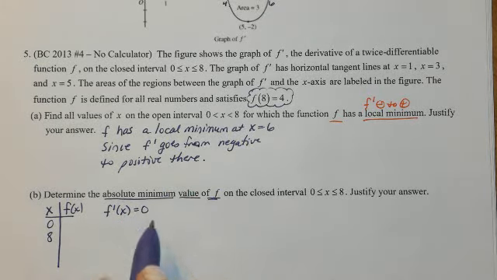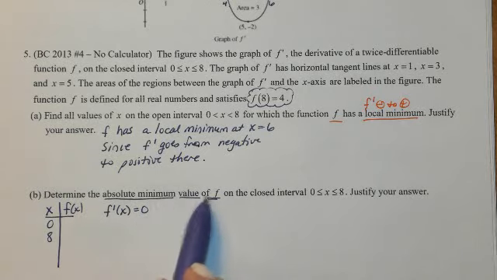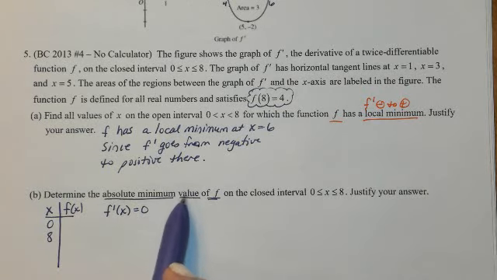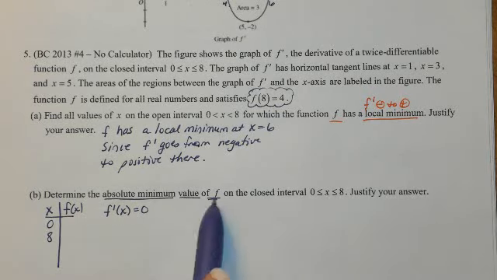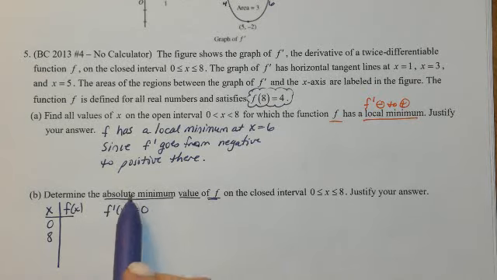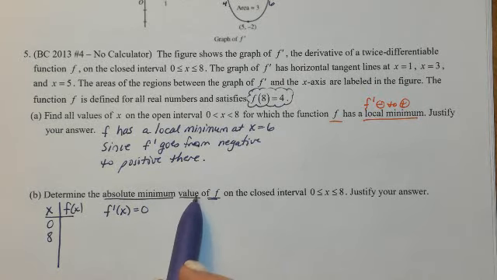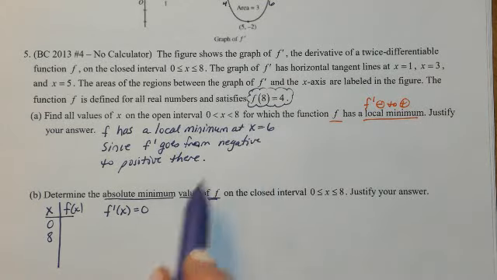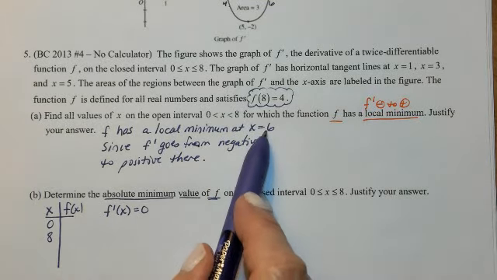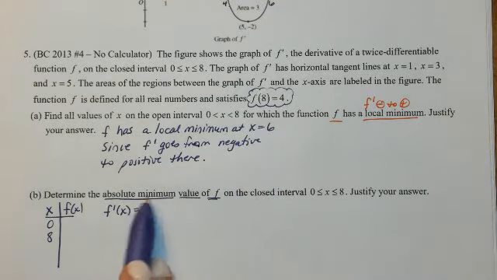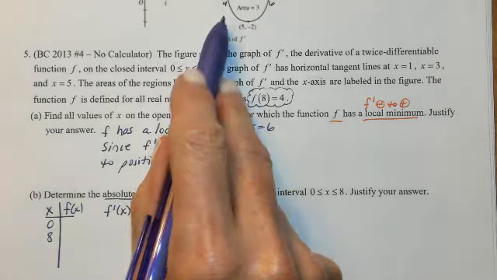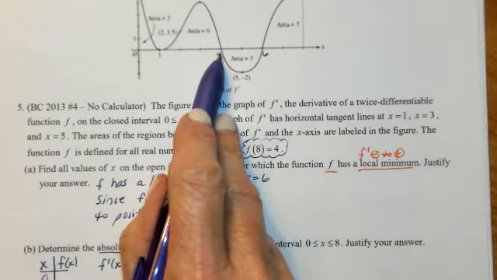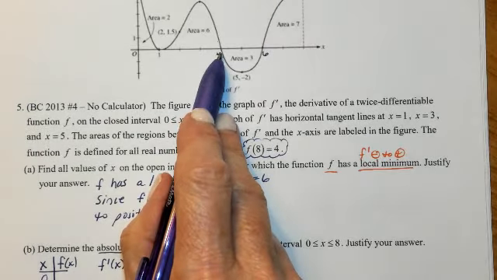Specifically, the absolute minimum value of f is going to be either at a boundary or a relative minimum value of f, right? In part A, we found the relative minimum value of f was at x equals 6. So the absolute min is not going to be at a relative max, right?